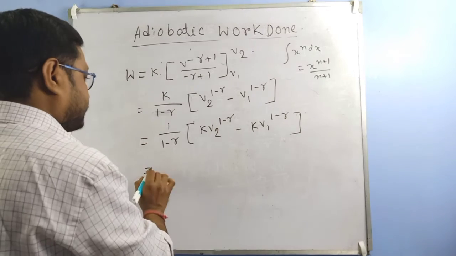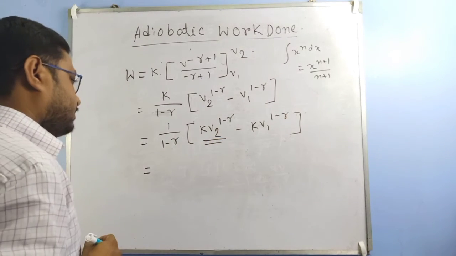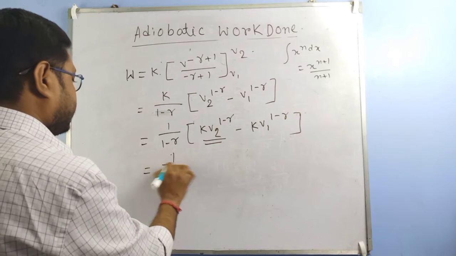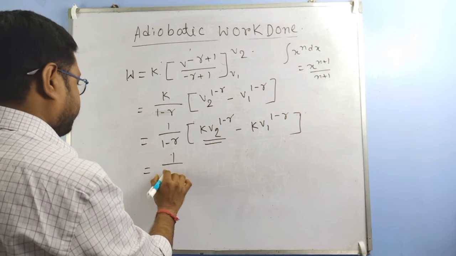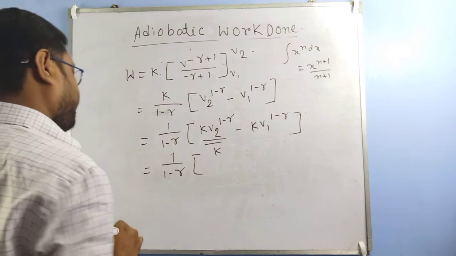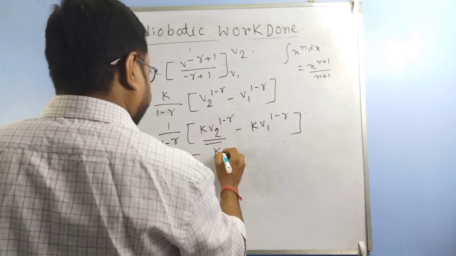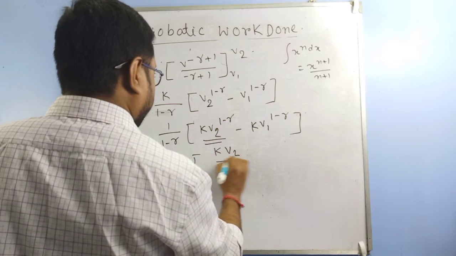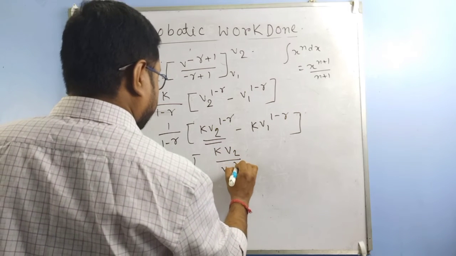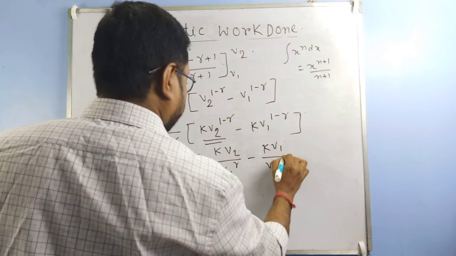If we break this, that is 1 by 1 minus gamma into K V2 by V2 to the power gamma minus K V1 by V1 to the power gamma.